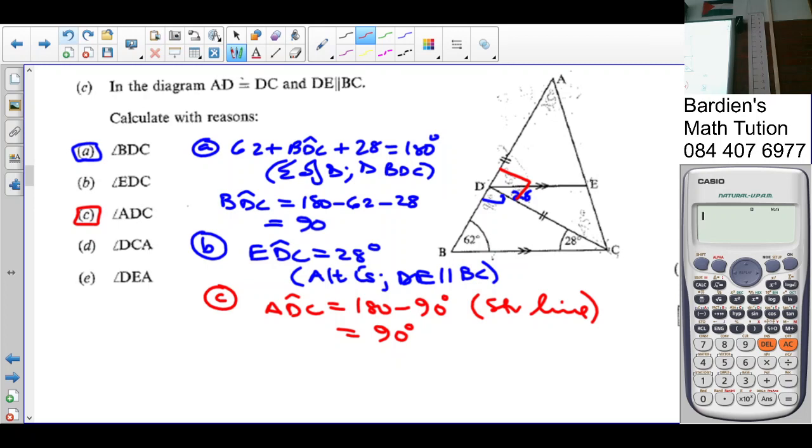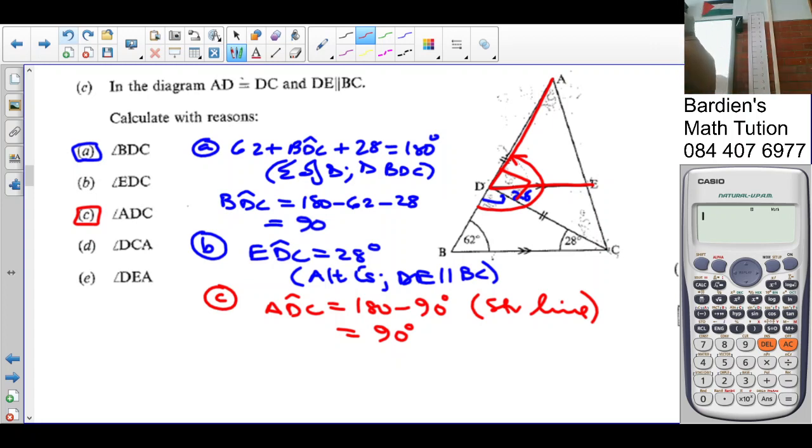You see, if the question was to calculate ADE, then it would have been 90 minus 28, or it would have been 90 plus 28 plus that angle would have been equal to 180, angles on a straight line. You understand?